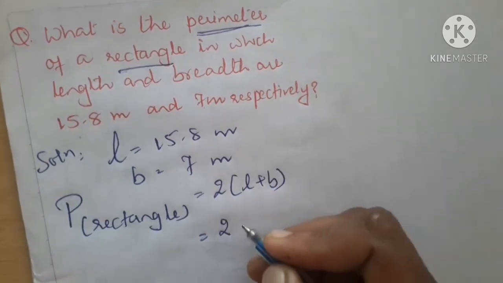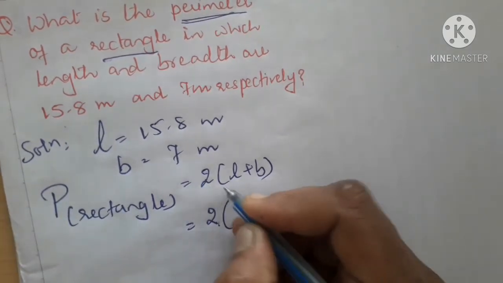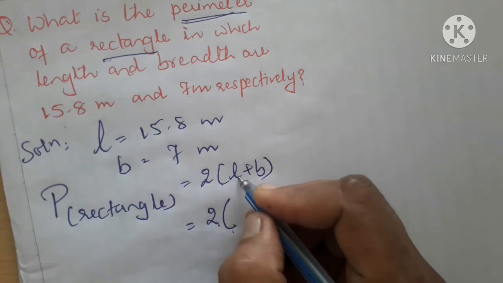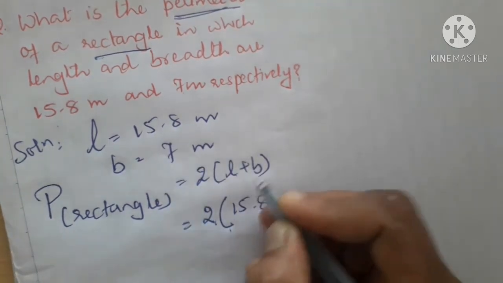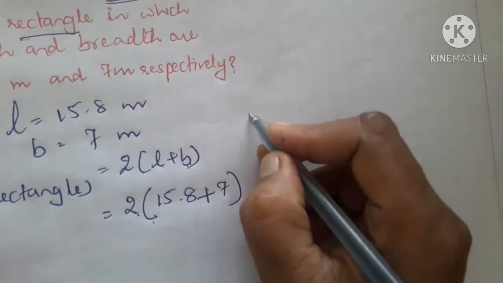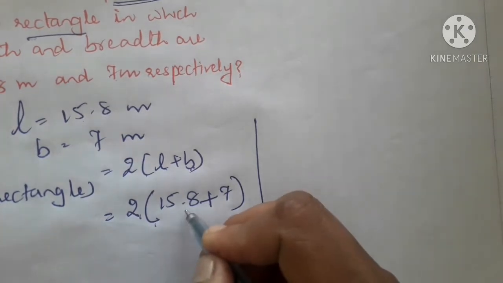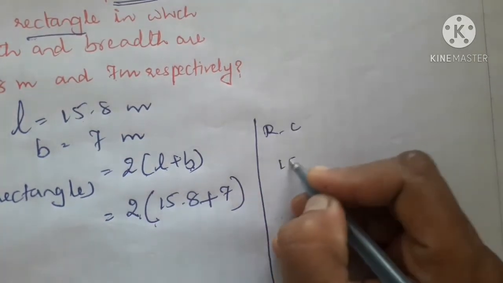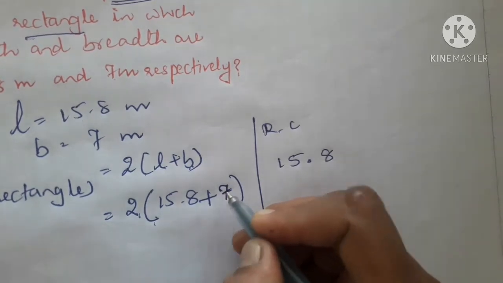Now first of all, you will substitute the values. So here 2 as it is, bracket. Now what is the length? That is 15.8. Write here 15.8 plus B is 7. Okay, now decimal addition and subtraction we have already learnt. This is 15.8, write it as it is. Now can you see a decimal point given?